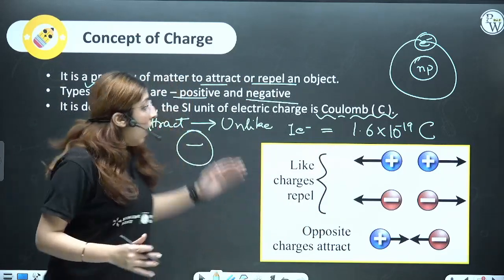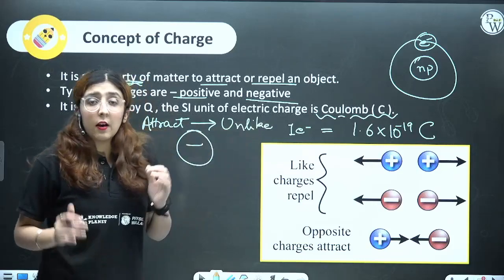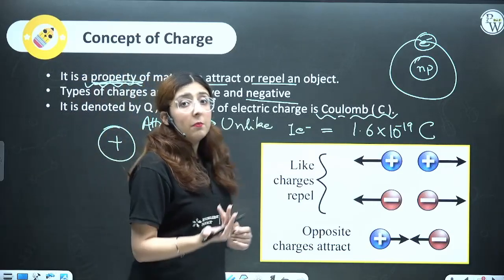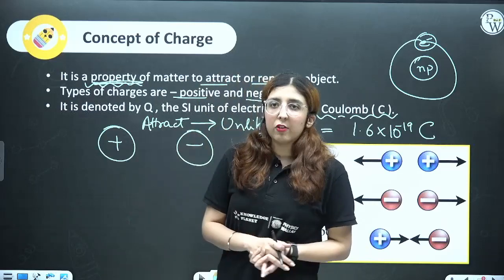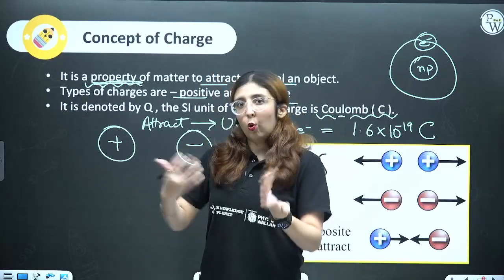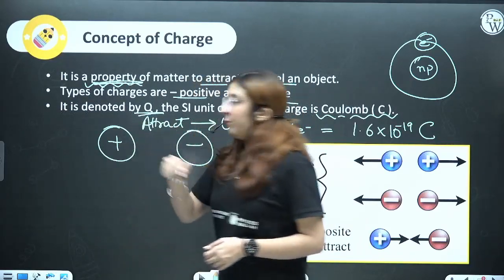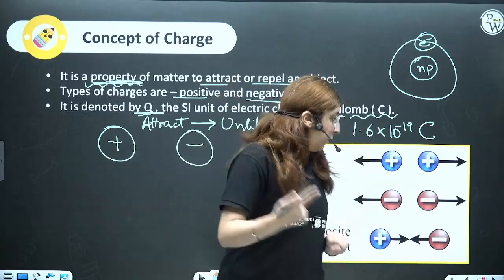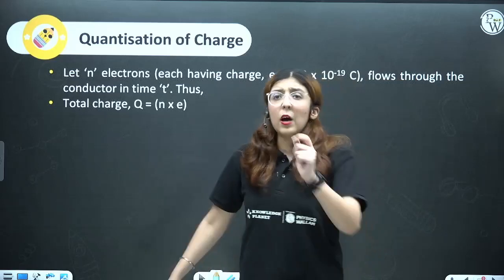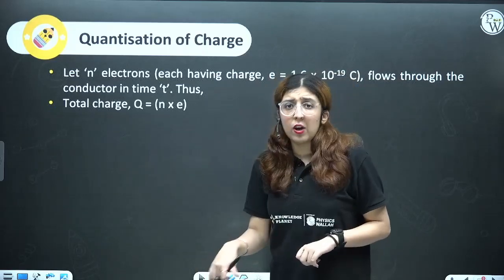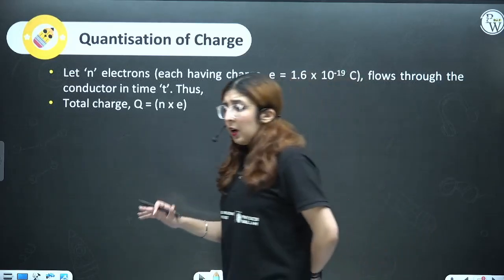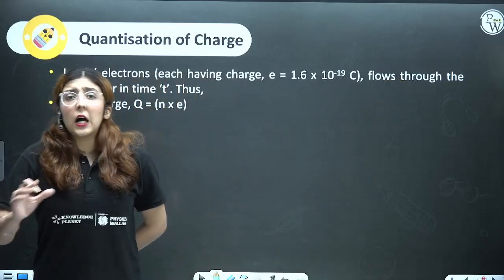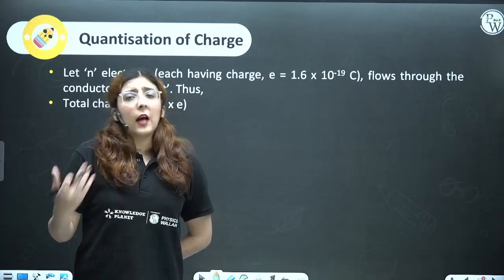Now, as we are through with this, of course, I need a symbol. I want to talk about charge, so I require a symbol. How should I denote a charge? Q, capital Q. Now, taking this forward, we are going to talk about quantization of charge. This is nothing but a property, or you can say a general truth, that comes with charge.